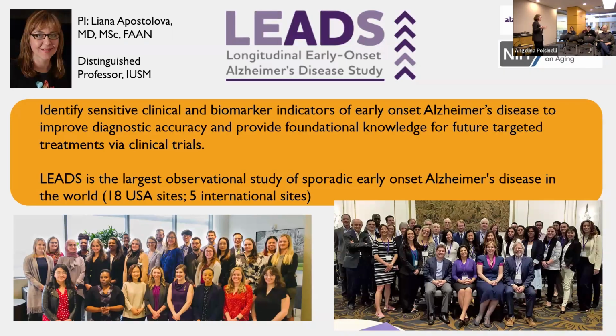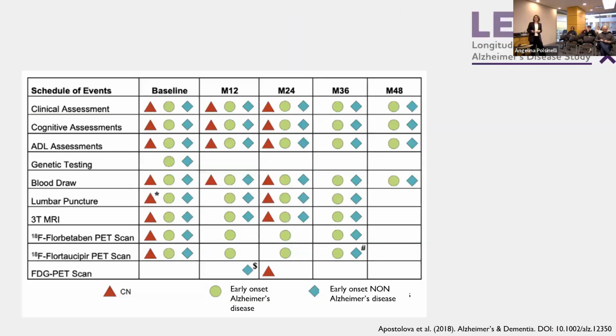But like I said, it's an observational study looking at the clinical and biomarker indicators of early onset AD for better diagnosis, as well as to provide a foundation to explore optimal outcomes for clinical trials in early onset AD. So what should we be measuring? What are the actual useful markers that we need to be measuring when we start doing clinical trials in early onset AD?